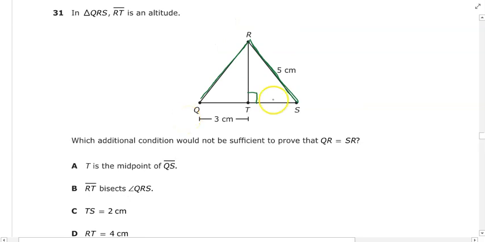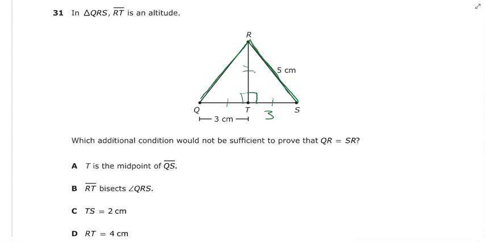If these were equal right here, then I would be able to say that these were congruent by side, angle, side. They both have a side of 3, a right angle, and then a shared side in the middle. So that would be enough to prove that these are congruent.